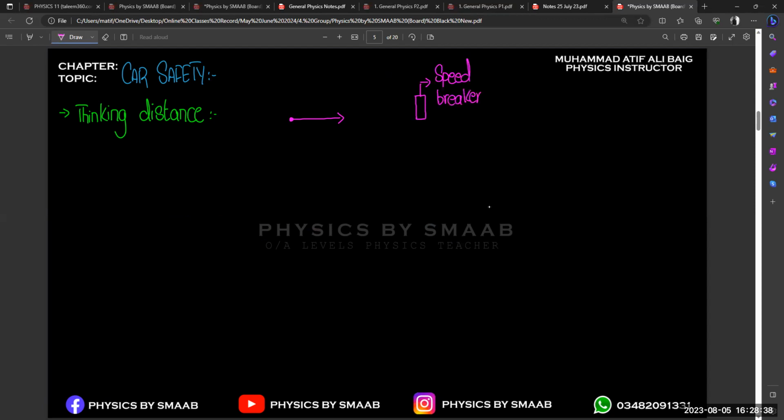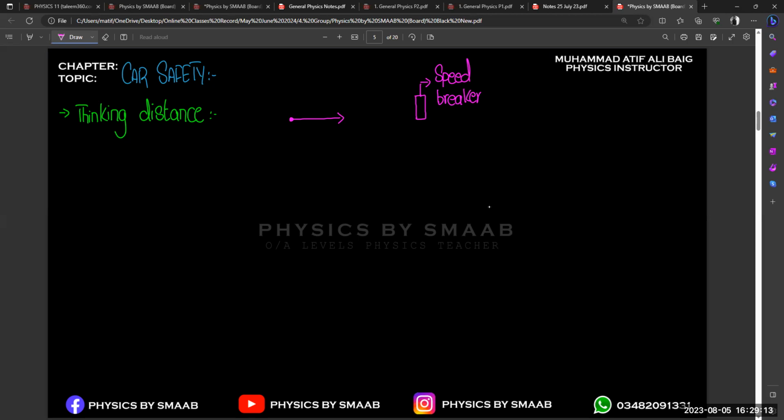Whoever rides a bike or bicycle knows when to slightly push the brake pedal before reaching the speed breaker, right? So when you are thinking about it before applying the brake, your foot is not on the brake pedal. All the distance that you covered during your reaction time, before applying the brake, is known as your thinking distance.